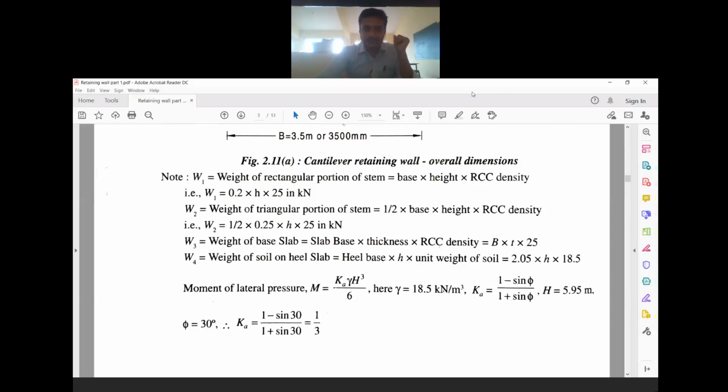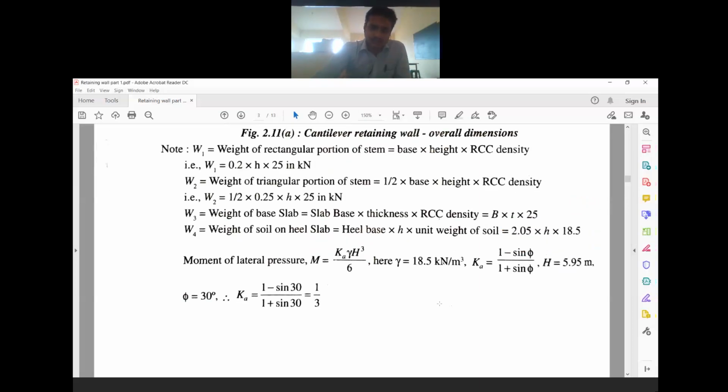Substitute the height and the heel slab length 2.05. And then unit weight of soil is 18.5, that is density of soil. Here this is very, very important, so you should be careful here. Most of you will make mistakes here, so don't make mistakes, as I am pinpointing this portion.